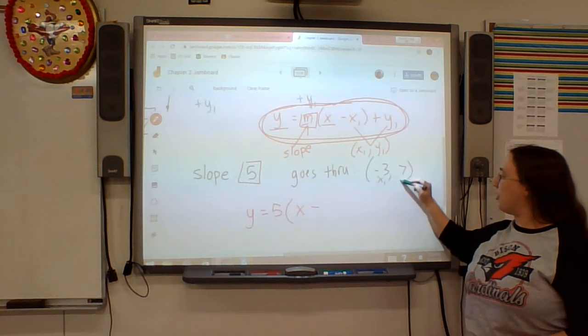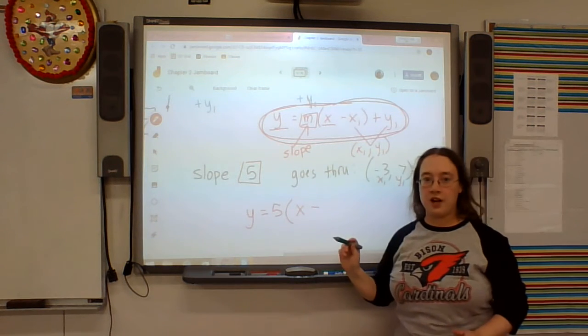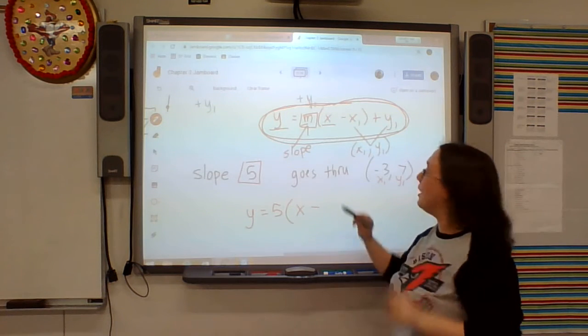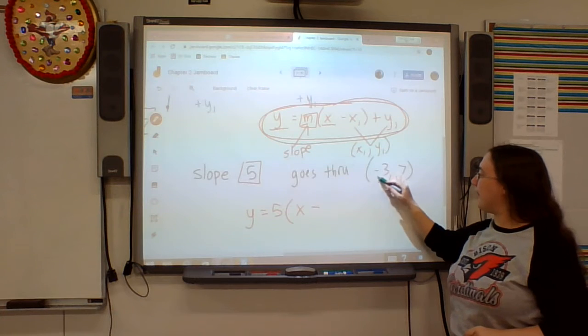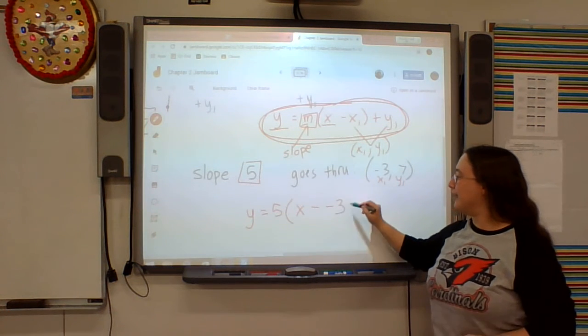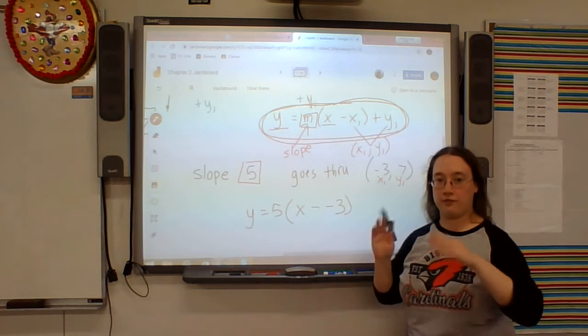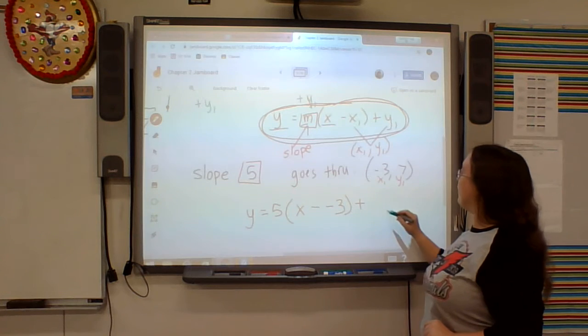Your points go x1, y1, so that x1 is this -3. So watch out, we have 2 negatives going on here. We have this one because it's part of our formula, and we have this one that goes with the -3. So that's minus and a -3. Now, if you'd like to change that to a plus, that's also fine. And then plus that y1, which is 7.